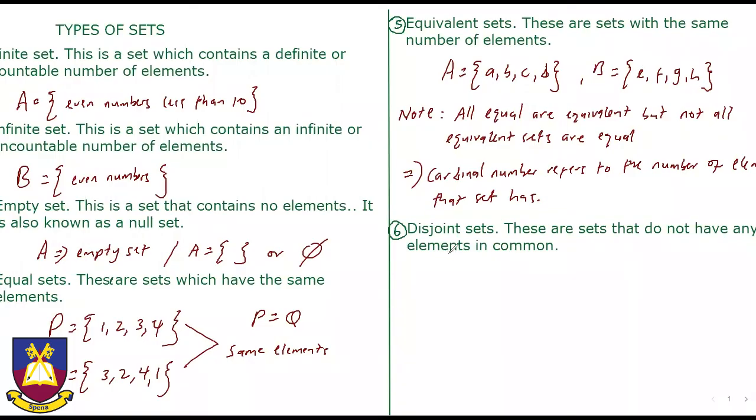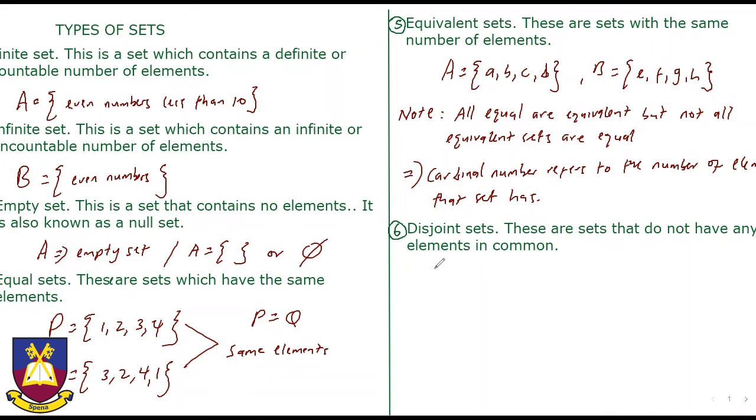And disjoint sets are those sets that do not have any elements in common. And such sets obviously have no intersection. If two sets are disjoint, then their intersection is 0.